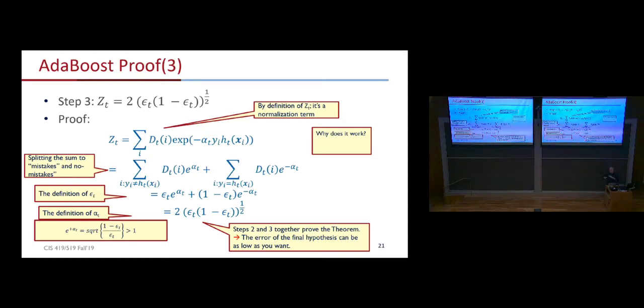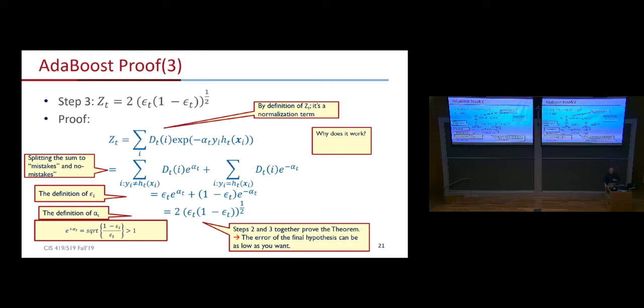So you focus all your weight on this one example that gives you a problem. You are guaranteed that you can find a weak hypothesis that will get it right at some point, because its weight is going to be above a half with time. The distribution is going to put more and more weight on it, and there will be a hypothesis that gets it right.